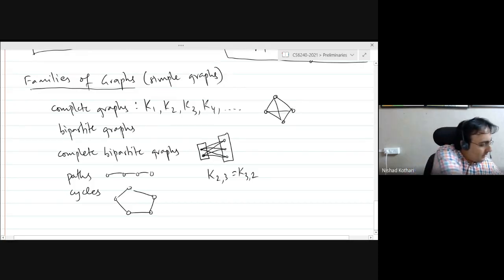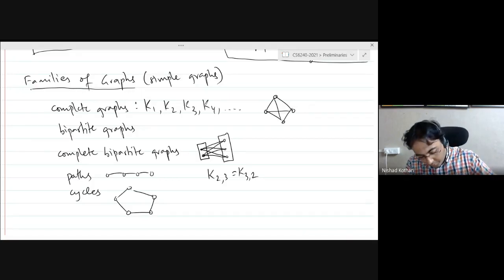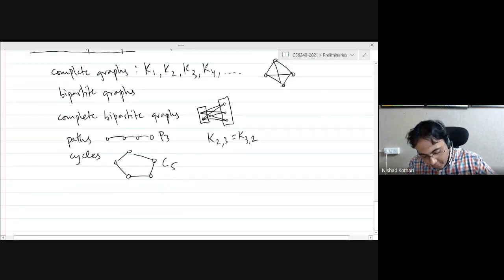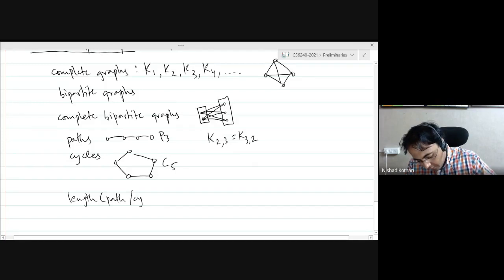For a path, are we putting the number of vertices or the number of edges? Does it even matter? I'm going to put the number of edges. This is P3 and this is C5. And the length of a path or the length of a cycle is the number of edges in it.